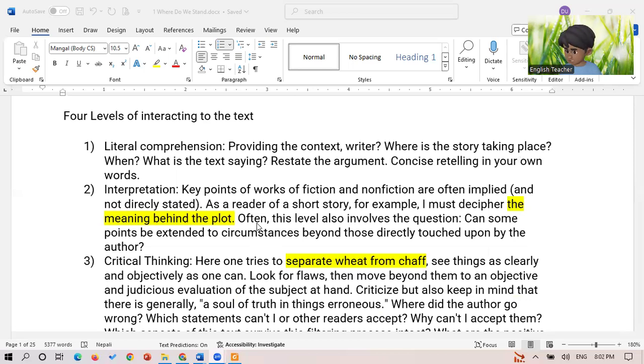As we read any text, for example, if we read Lisa Davies' essay, Where Do We Stand? There are 4 things we can do. Number 1 is literal comprehension. Here we talk about the context and the writer.